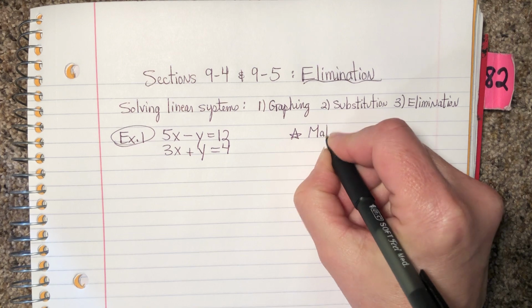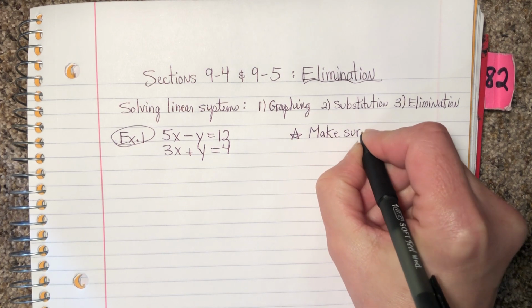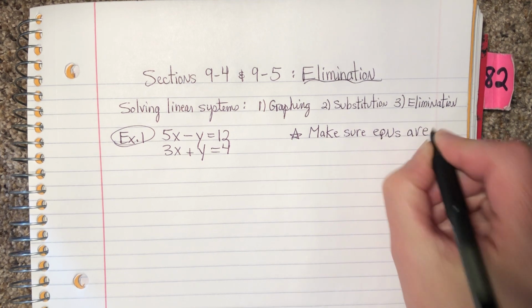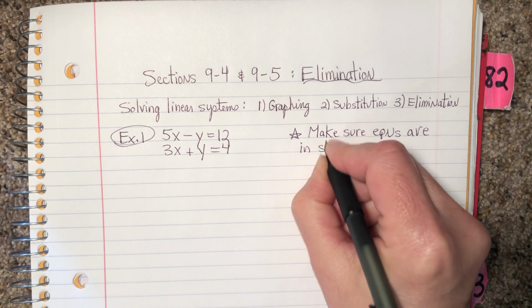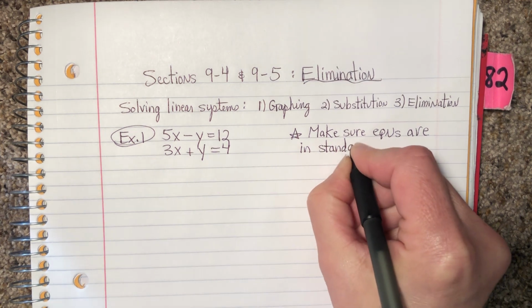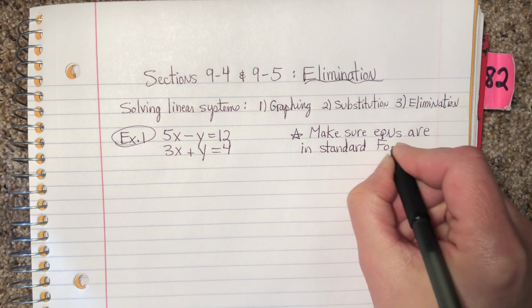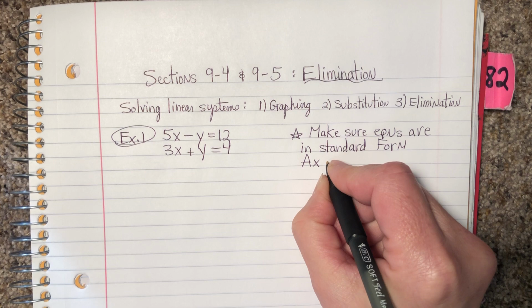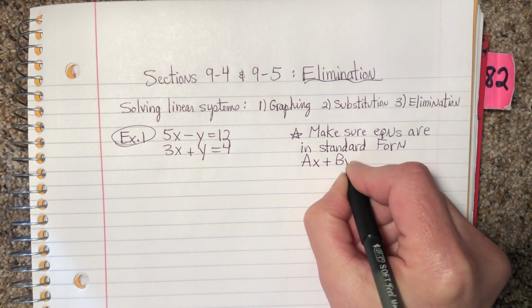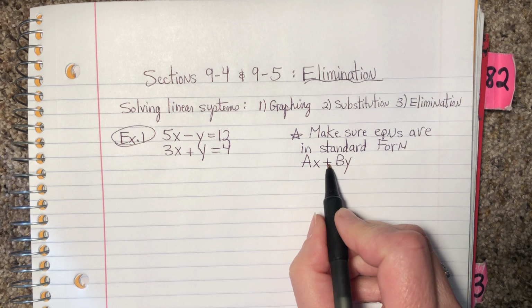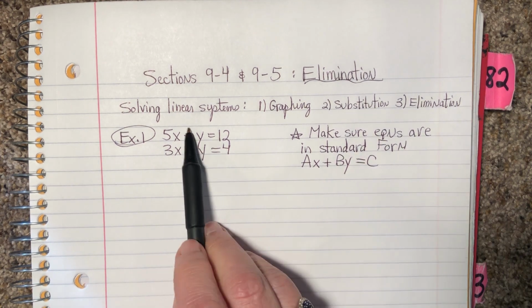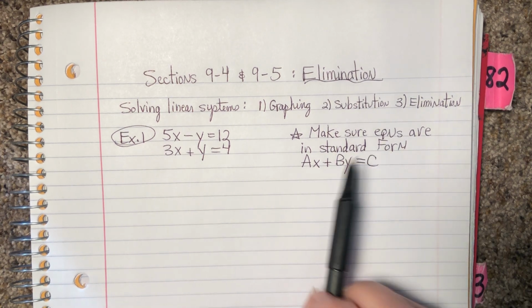You want to make sure equations are in standard form. Standard form is ax, your x term, plus by. Plus just means b could be negative, so this could be a minus, but you have your x term, then your y term, and it equals the number on the other side. So these two lines are in standard form.